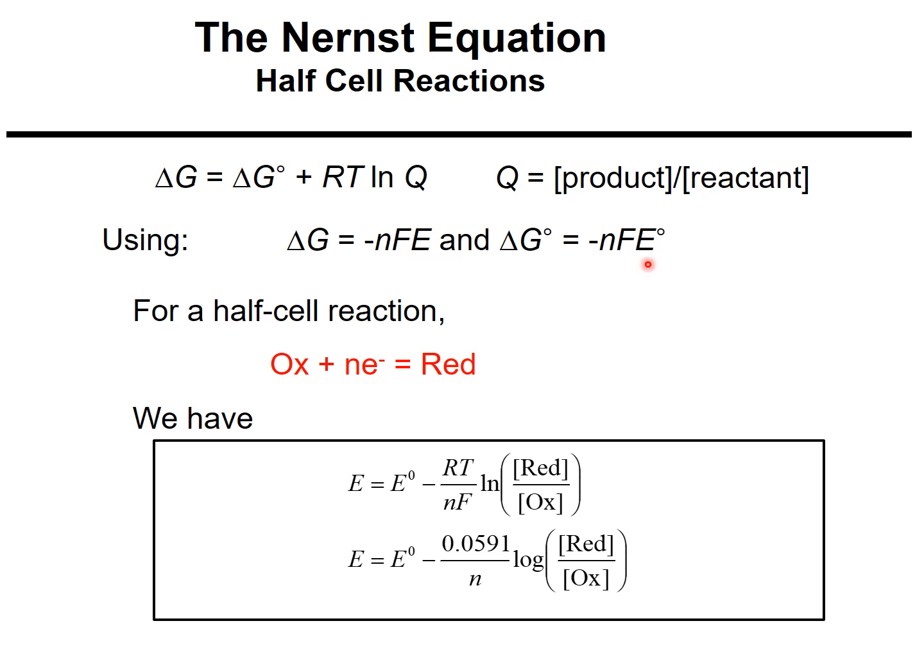Then, using the relationship between Gibbs free energy and electric potential, we can obtain the Nernst equation.